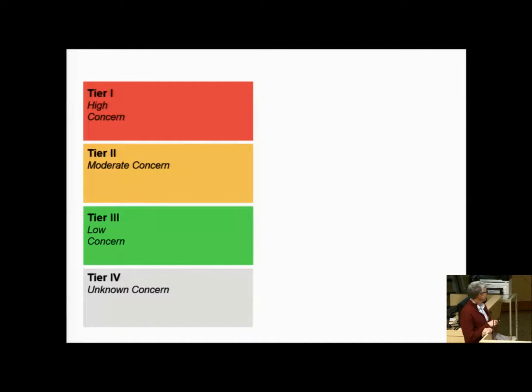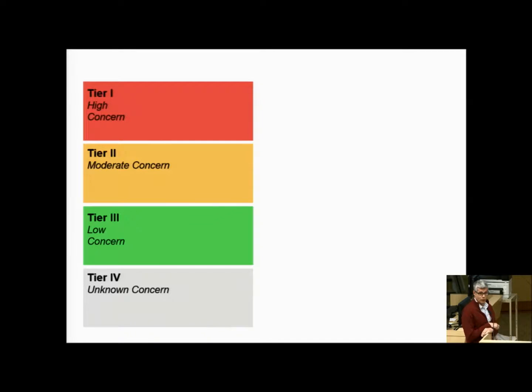Tier 2 are contaminants of moderate concern where there's some evidence of impact but not high enough to reach the level of regional or statewide actions in terms of closures or TMDLs. But it's either more localized or less clear that it's a really significant exposure and impact.